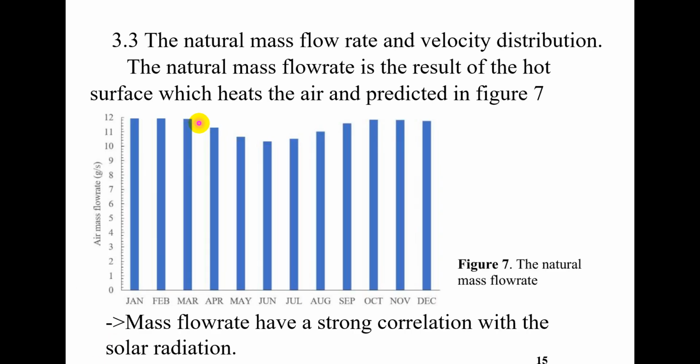And we can investigate the natural mass flow rate and velocity distribution. You can see the air mass flow rate. This mass flow rate has a strong correlation with solar radiation. That means with high solar radiation we have a high air mass flow rate.